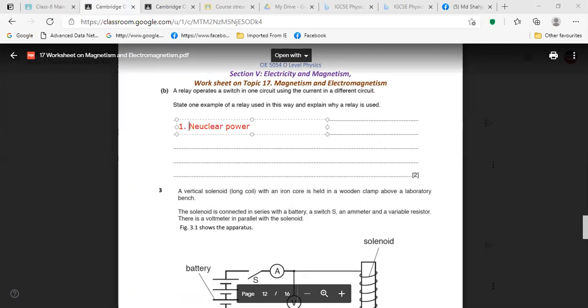In a nuclear power plant, we use relay. Why are we using relay circuit? To avoid radioactive hazards.